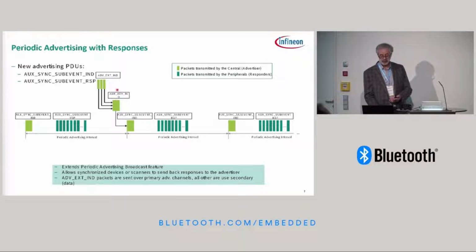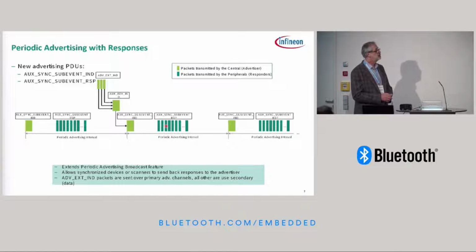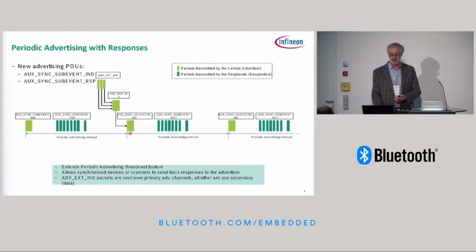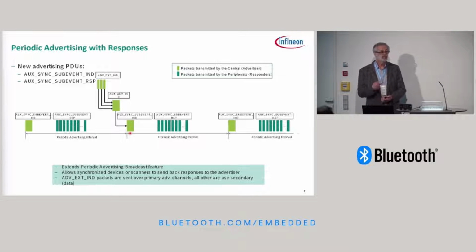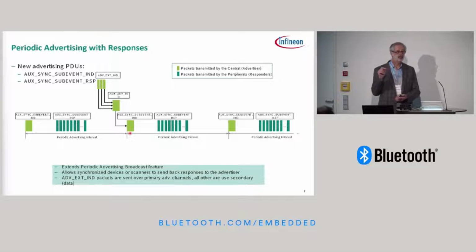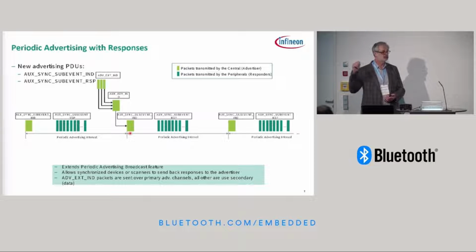The colors here: light green is the broadcast by the advertiser, and dark green is the responses. During the broadcast, the advertiser can say, the first guy responds in the first slot, the second guy responds in the 20th slot, right? It can be up to 127 responses in one subevent.